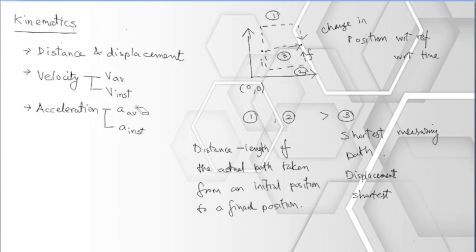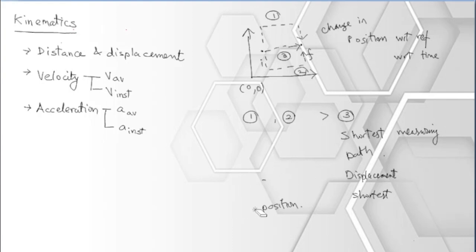Also, there are some other differences, like distance is a scalar, displacement is a vector. Distance is always positive, displacement can be both positive and negative.